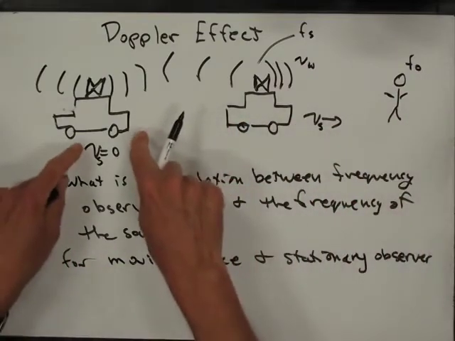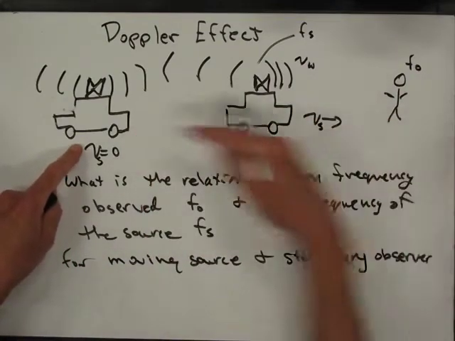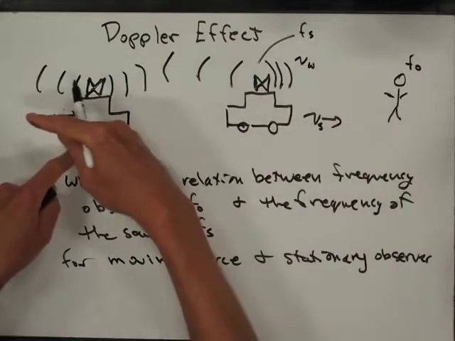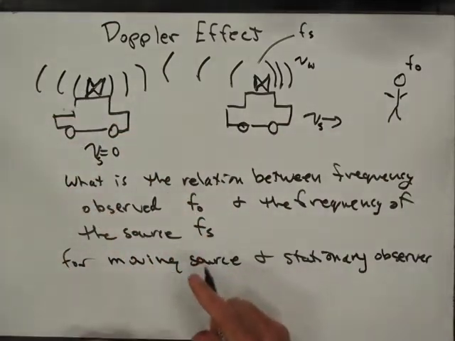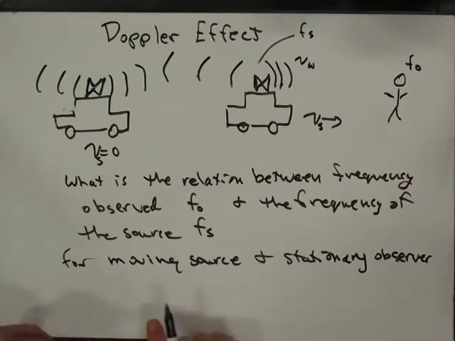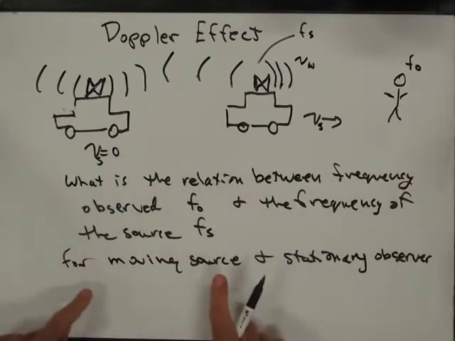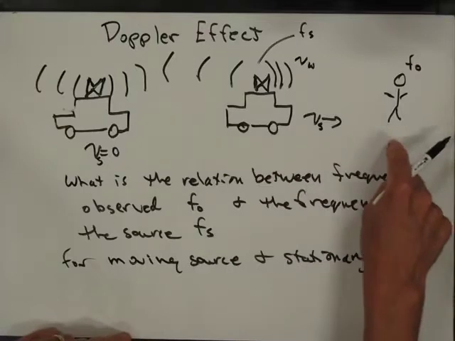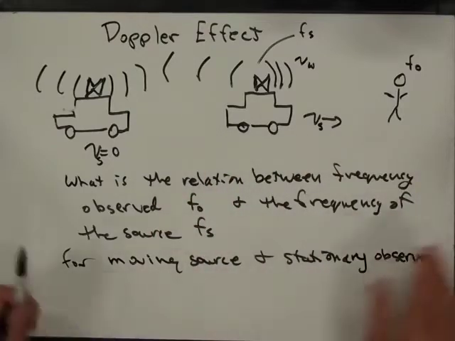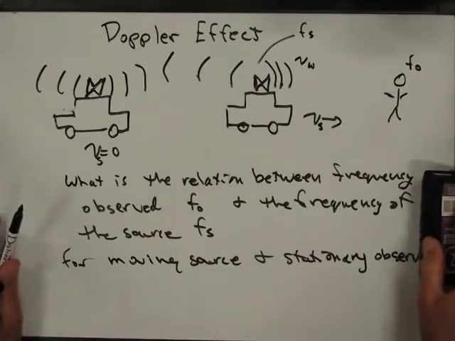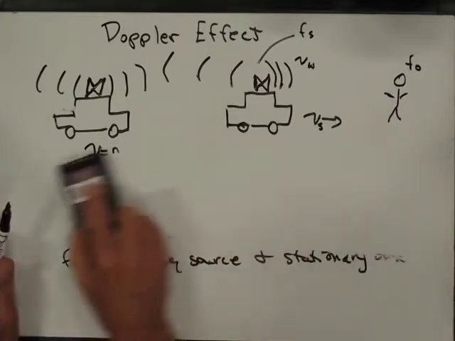You can imagine if the source is stationary but the observer is going this way, they'll be going through the waves faster, and so they'll hear a higher pitch, right? And so we'll derive it for the case of a moving source and stationary observer, and then we'll generalize it to the other cases, right?